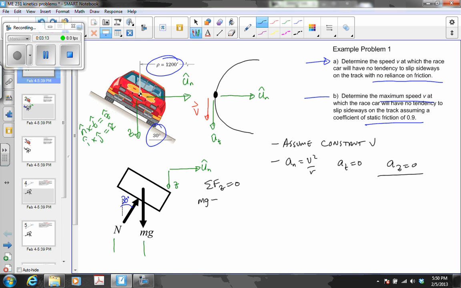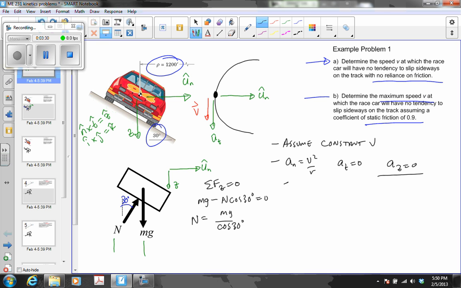So mg is down, so that's positive, minus n cosine 30 would be the z component. So there I can solve for n in terms of m: mg divided by cos 30.